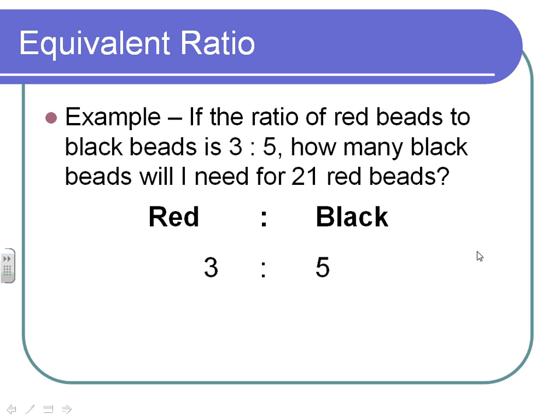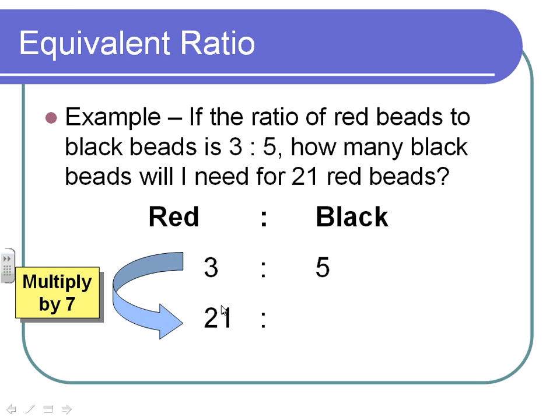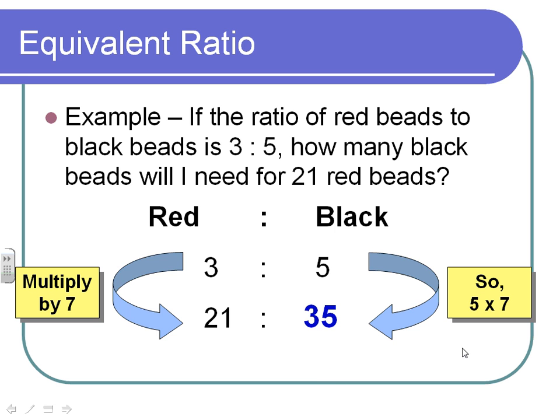Our ratio is 3 to 5. And then we say, well, if we need 21 red, how many black do we need? We look for a common multiple to get from 3 to 21, and that would be 7. And so we would take our 5 and multiply it by 7. And we would have 35. So we could say the ratio of 3 to 5 is equivalent to the ratio 21 to 35.